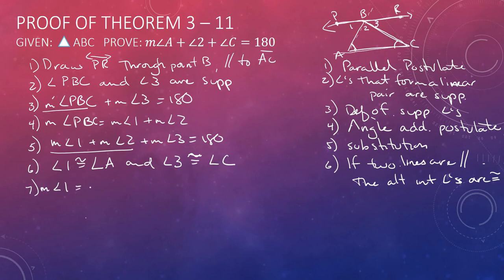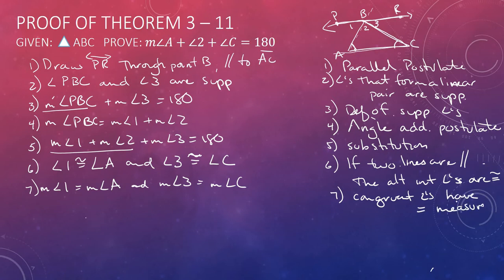The measure of angle 1 equals the measure of angle A, and the measure of angle 3 equals the measure of angle C, and that's again congruent angles have equal measure. And number 8, I'm going to now do some substitution.